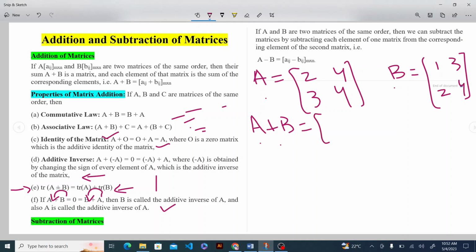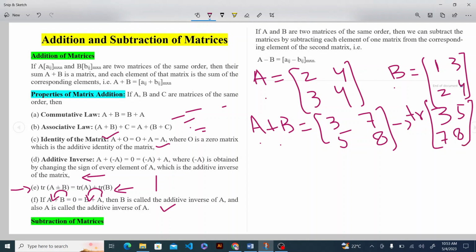A plus B will be 2 plus 1 is 3, 4 plus 3 is 7, 3 plus 2 is 5, 4 plus 4 is 8. Let us take its transpose now. It will be 3 5 7 8. This is our left hand side answer.